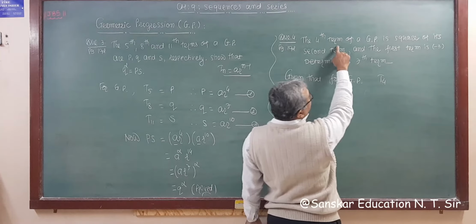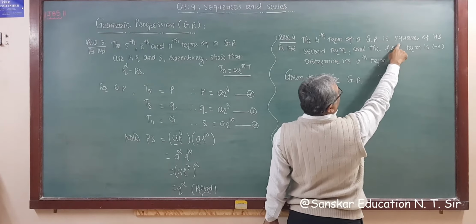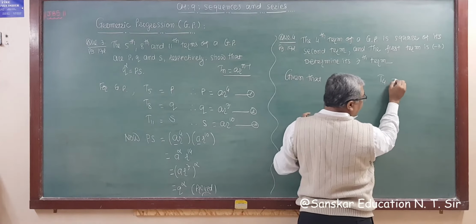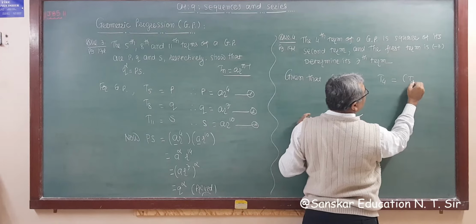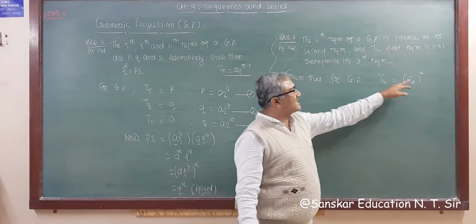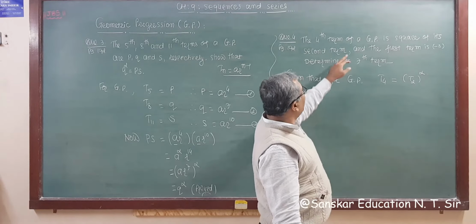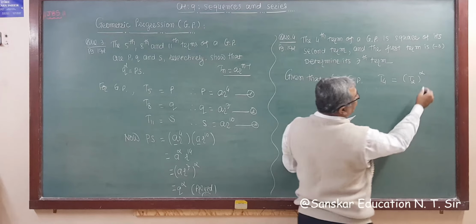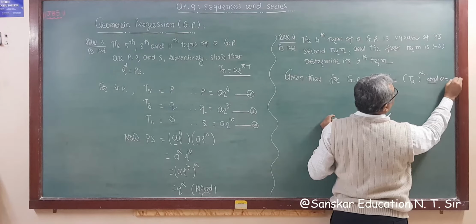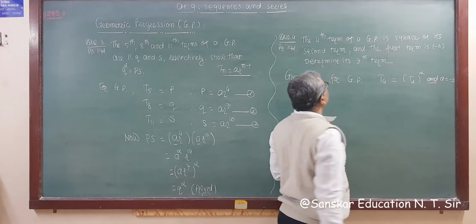So given that the fourth term of a GP is a square of its second term, that is T2 whole square. And the first term is minus 3, so also given A is equal to minus 3.